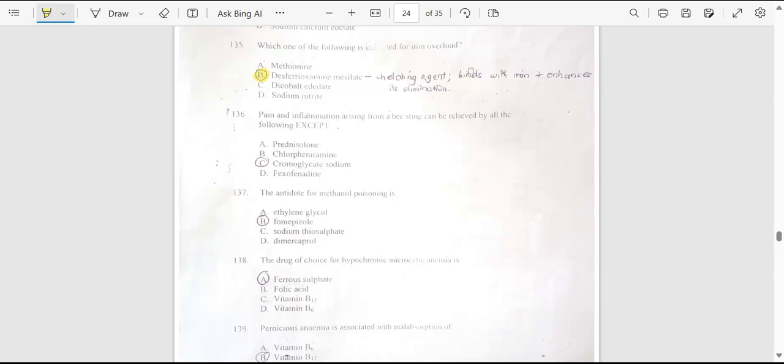So which among the following wouldn't you give? For the inflammation you'd give prednisolone. Chlorpheniramine would also be given.